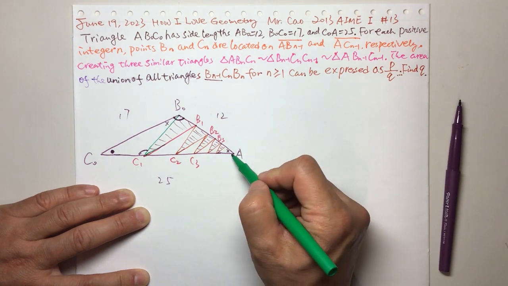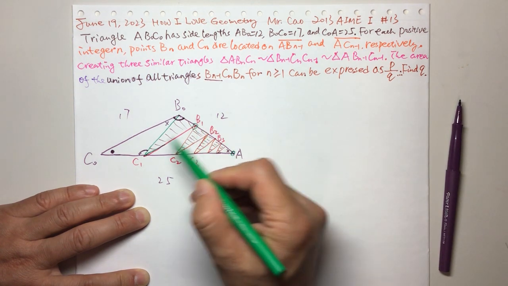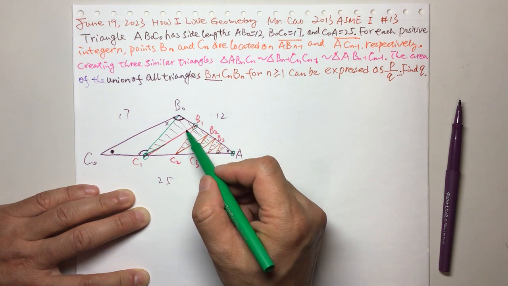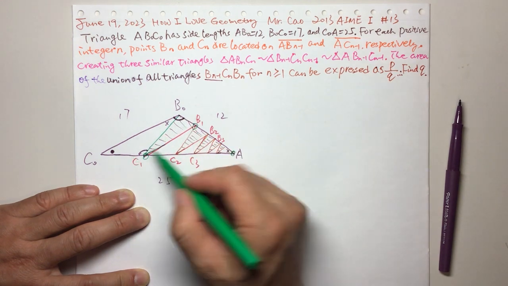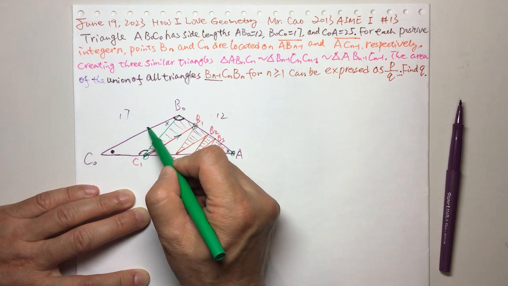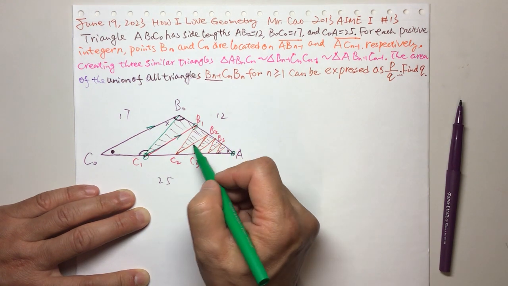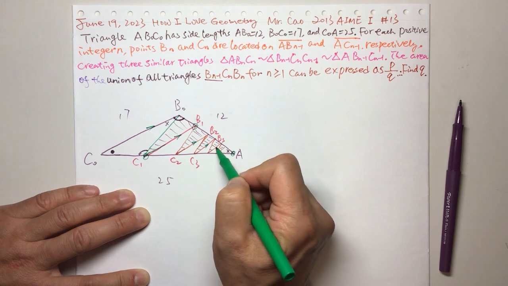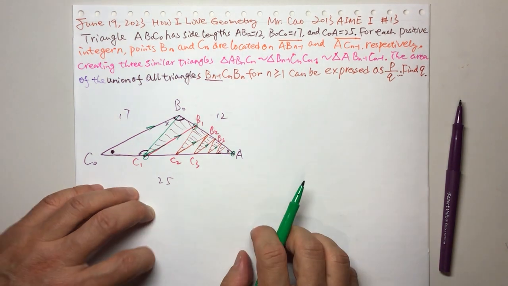It tells us triangle AB1C1 is similar to the larger one, so this side is parallel to this side. Of course, we will know all of them, so they are similar now.